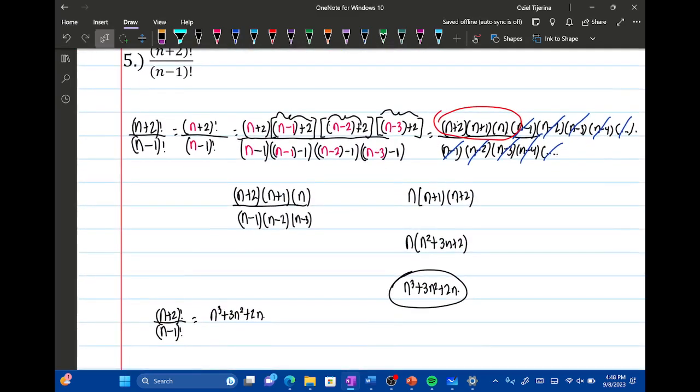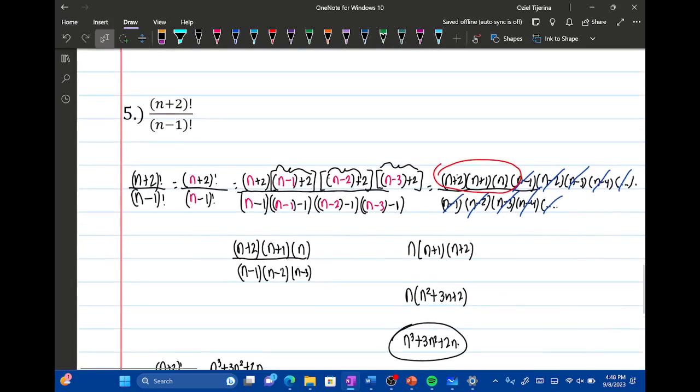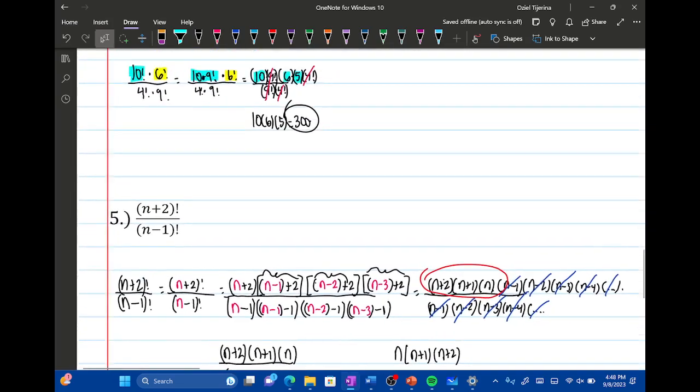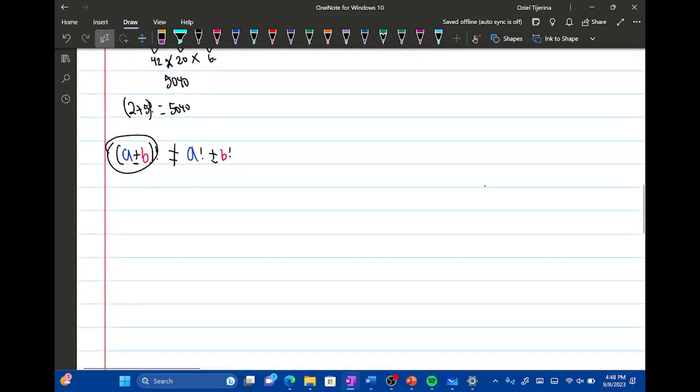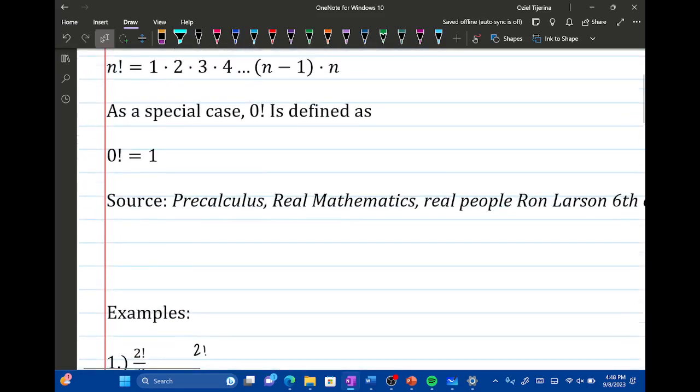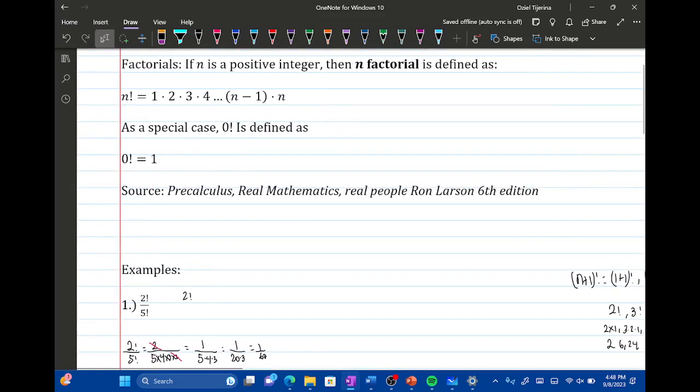You have to read it very carefully, do some algebra, and simplify as much as you can. If anybody wants more examples like number 5, let me know. Other than that, this concludes the idea of factorials and how they work.